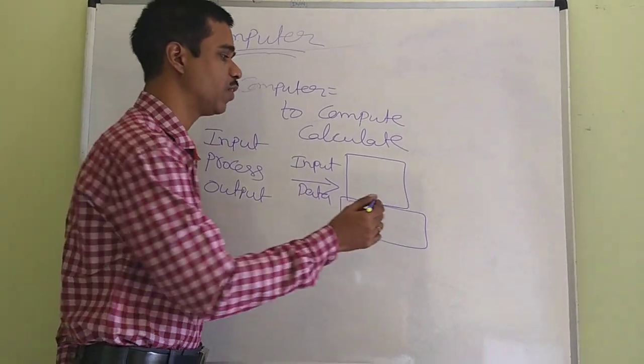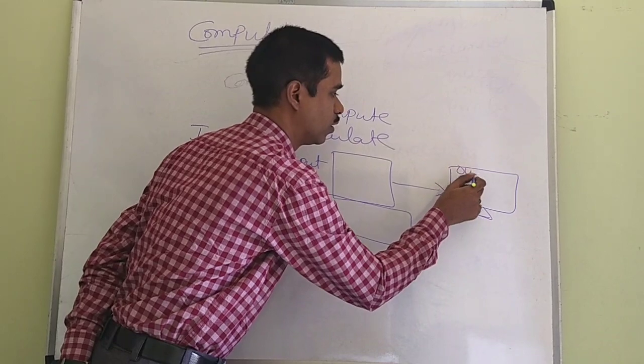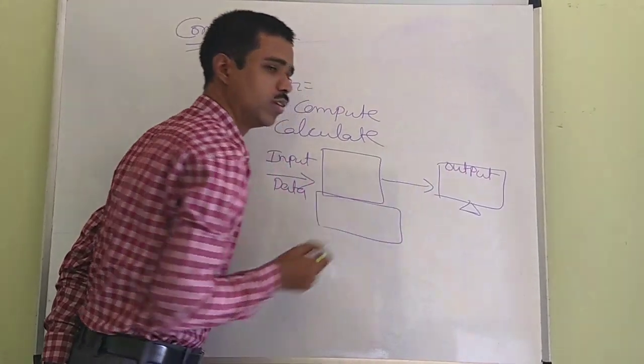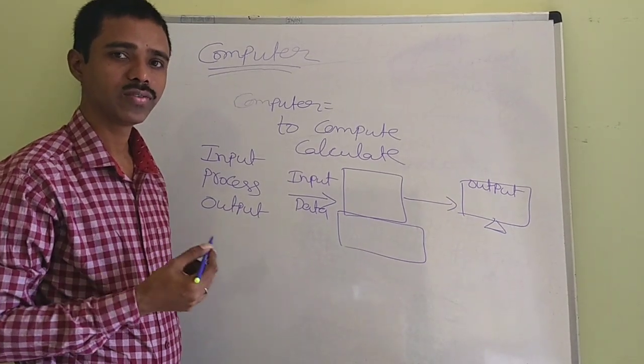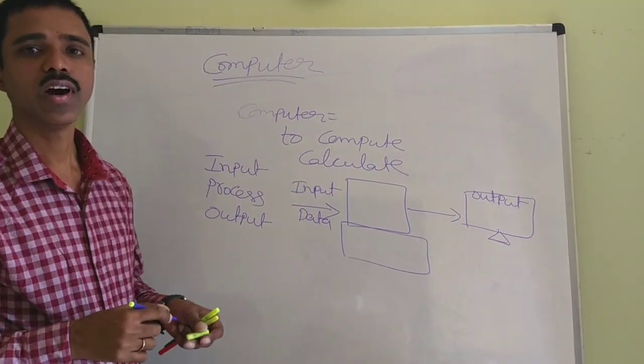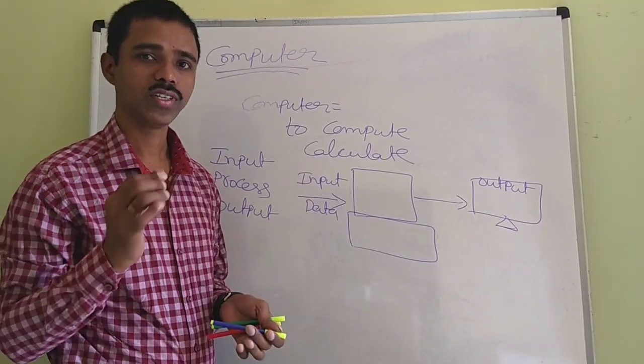The data we are getting from the computer is called output. Output means the results we get from the computer. Internally, the computer is doing some process.